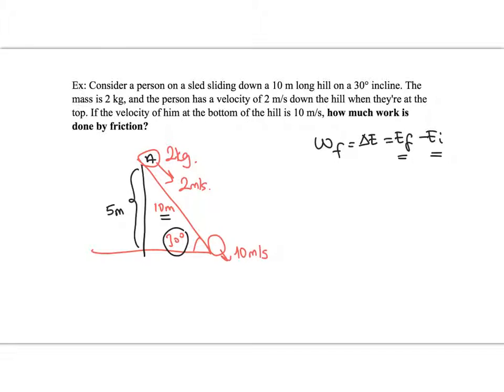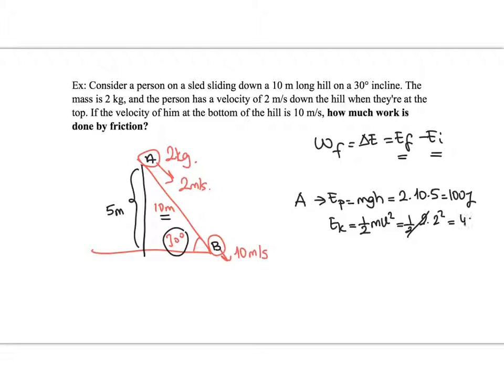Let's say this is position A and this is position B. At position A, it has a potential energy from mgh: 2 times 10 times 5, which is equal to 100 joules. It also has kinetic energy, 1/2 mv squared, 1/2 times 2 times 2 squared, which is equal to 4 joules. So the total mechanical energy at A is equal to 104 joules.